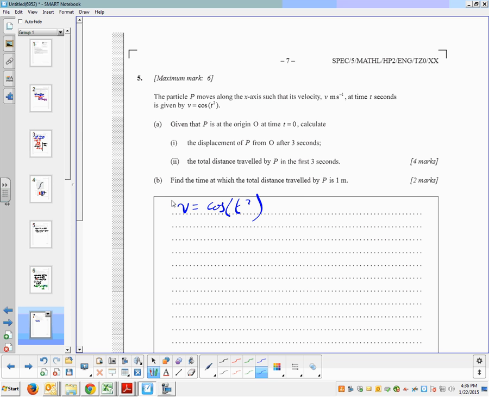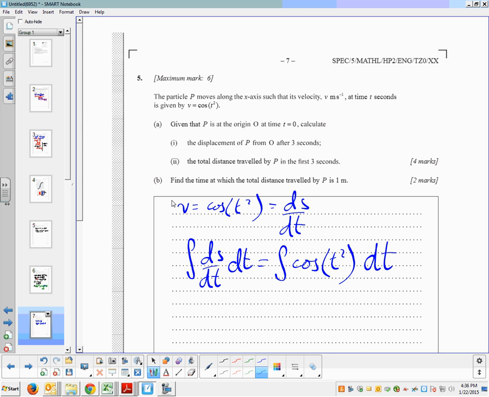So V, the velocity, is equal to ds by dt. So I want to integrate ds by dt with respect to t. It's the same as integrating cos t squared with respect to t.